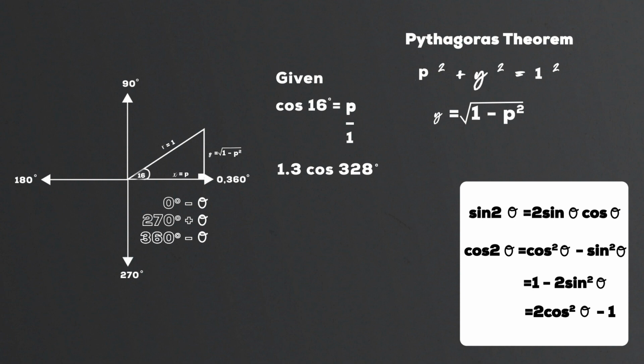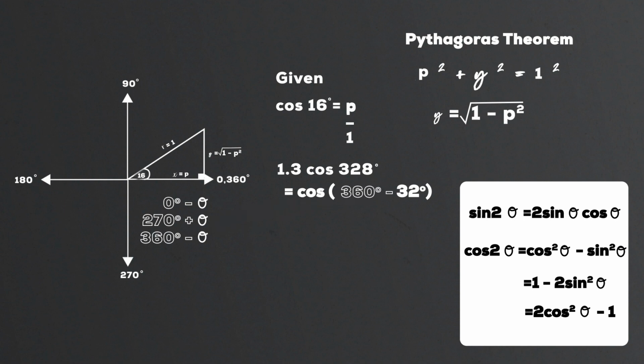For cos 2 theta, we have 2 cos squared theta minus 1. The second identity, which means the same thing, is cos squared theta minus sine squared theta. Lastly, 1 minus 2 sine squared theta. When solving our problem, it is important to note that 328 is closer to 360 by 360 minus 32, thus cos 328 is the same as cos of 360 minus 32.